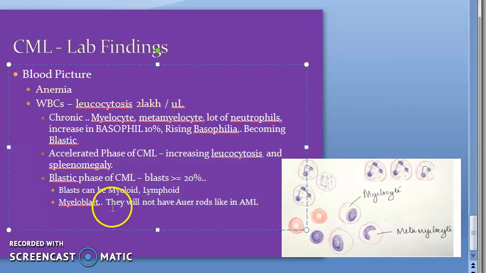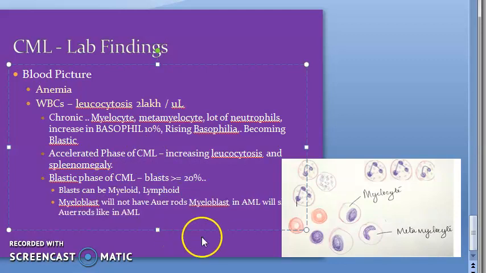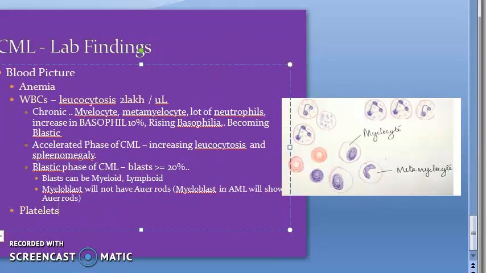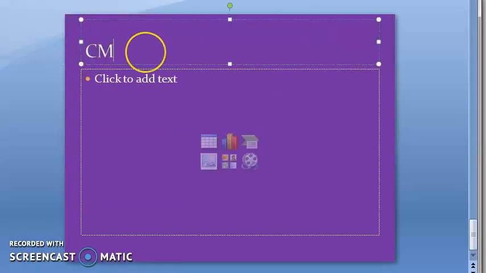But in chronic myeloid leukemia, myeloblasts will not have Auer rods. So Auer rods will become a distinguishing criteria for you, correct? Platelets, no, can't trust. Either they can be more or less, or sometimes they're saying more, sometimes they're saying less, sometimes they're saying normal, can't be trusted. So blood picture over. Now let us move on to bone marrow findings.